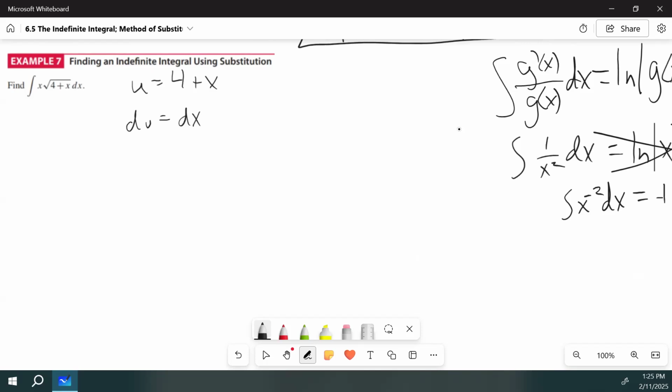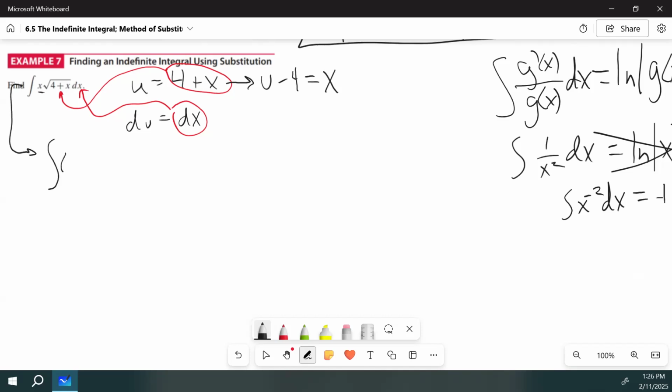And that looks good, except we still have an x here that doesn't get substituted because the 4 plus x is going to substitute here, and the dx is going to substitute the dx, but nothing is going to substitute the x that's still there. Well, the trick is take this equation that has a relationship between u and x and solve it for x. So u minus 4 equals x.